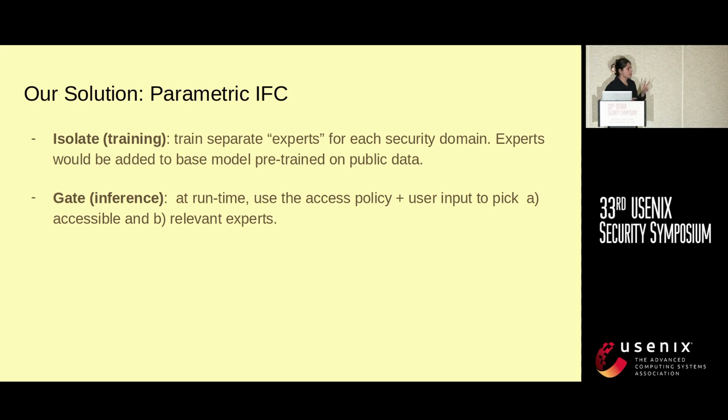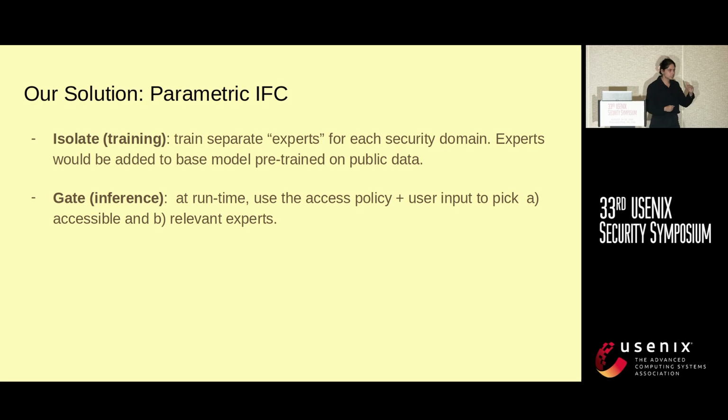The second part of our solution is gating, which happens during inference. And so the idea of gating is that at runtime, the user will provide A, their input, and B, their access policy. And so using both of these, the model will then use the access policy to pick the experts that are accessible according to that access policy.